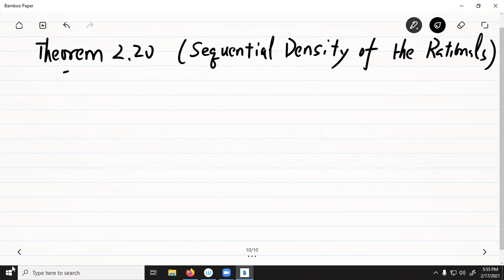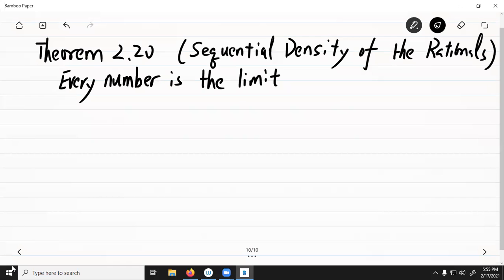It says every number is the limit of a sequence of rational numbers.